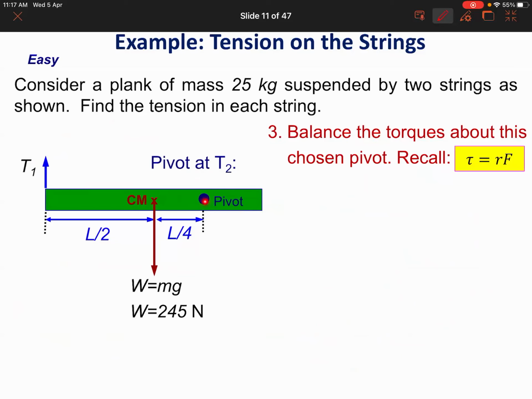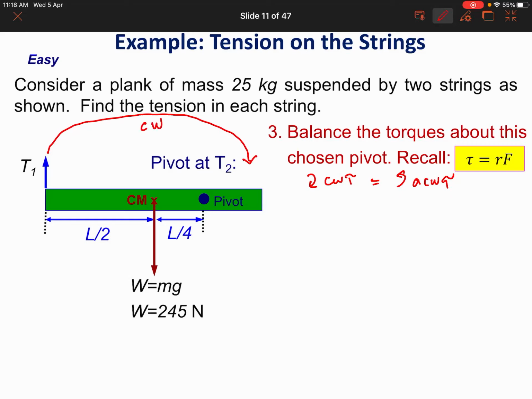If you put the pivot point at the position of T2, then you're essentially eliminating T2, and the two forces you have are T1 and the weight. So you can also balance out the torques about the pivot at T2. Again, clockwise torque should be equal to the anti-clockwise torque. This time T1 will pull the plank upwards, and the tendency of that is to rotate the plank about the pivot in the clockwise direction.